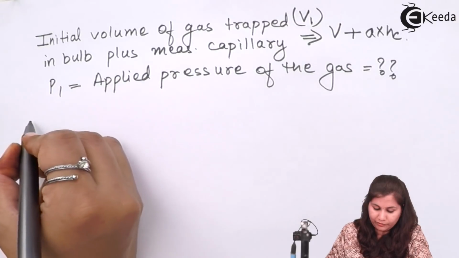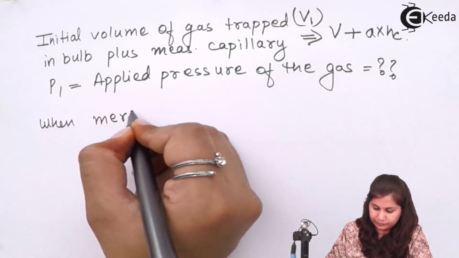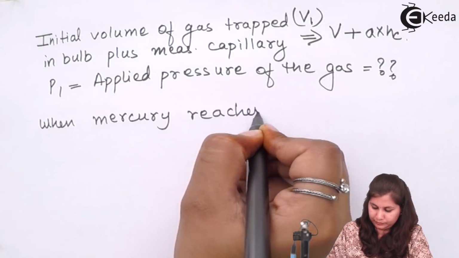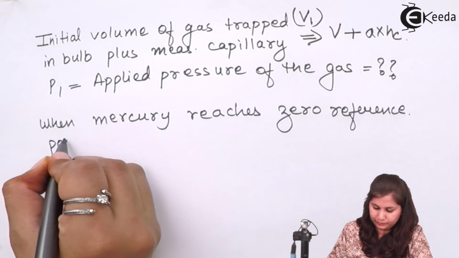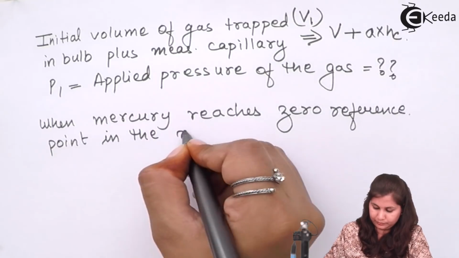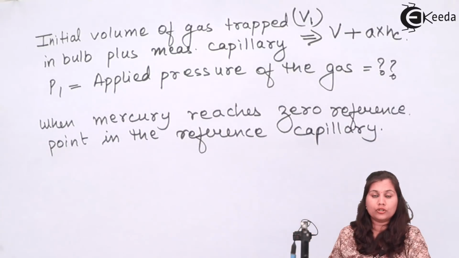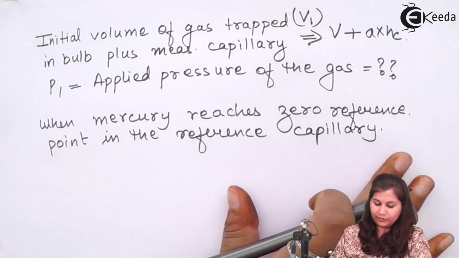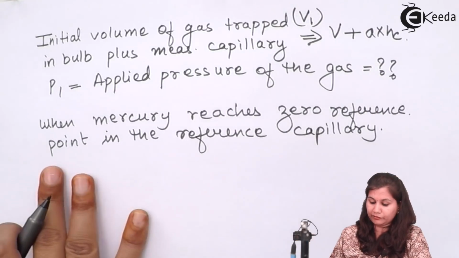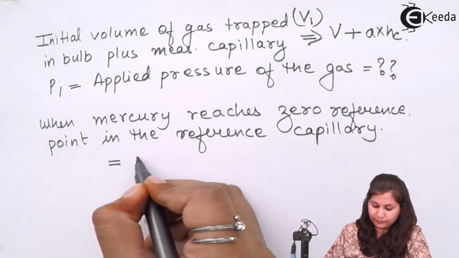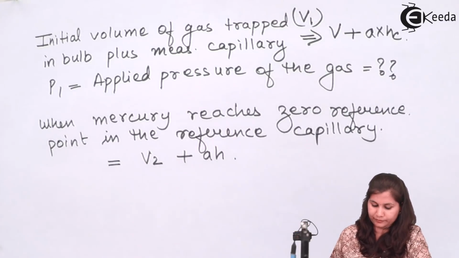Now comes the final volume. So when the mercury reaches the zero reference point in the reference capillary, the volume will be V2, which is equal to AH.